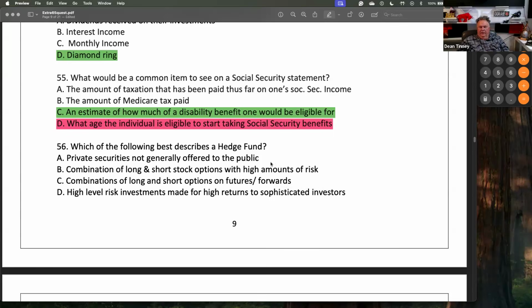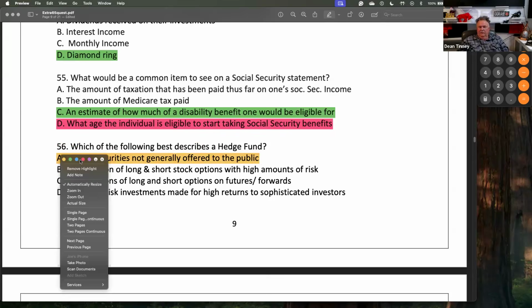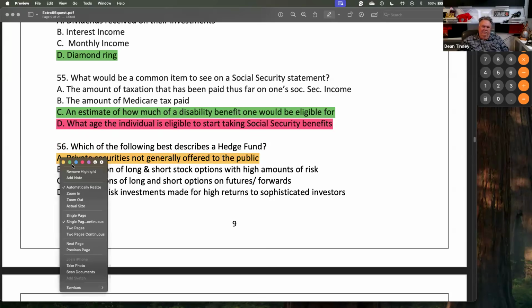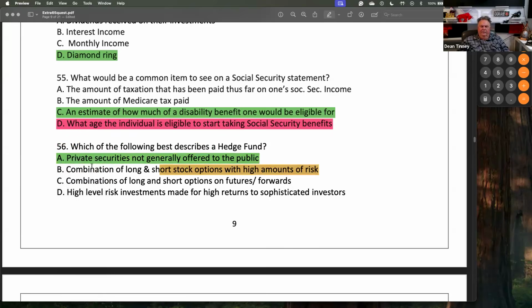They're generally not offered to the public. They're offered to accredited investors. So the answer is A. Well, they could have long and short with high amounts of risk. That's true, but the question says best described. Some don't have long and short. Some are just short, some are just long, some are macro. So A is better than B. It's not that B is wrong, it's just not the best answer.